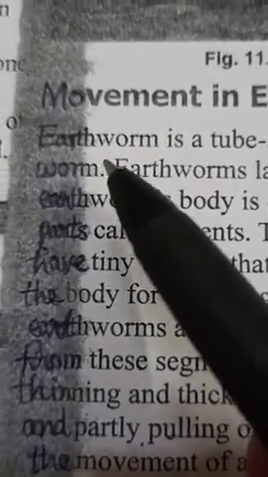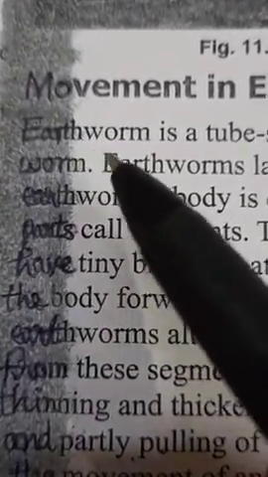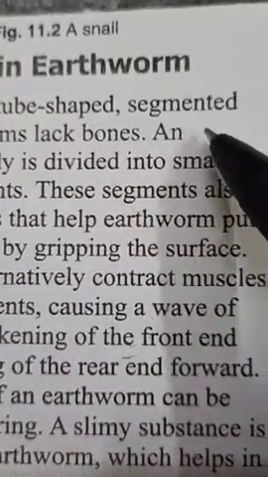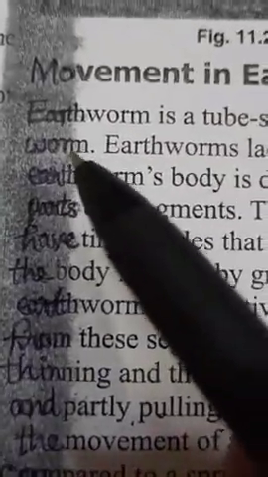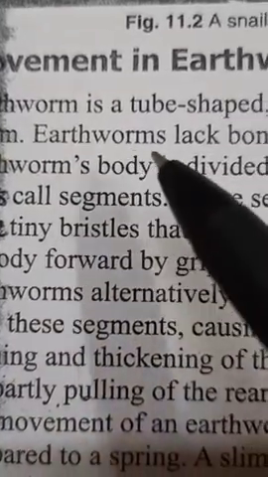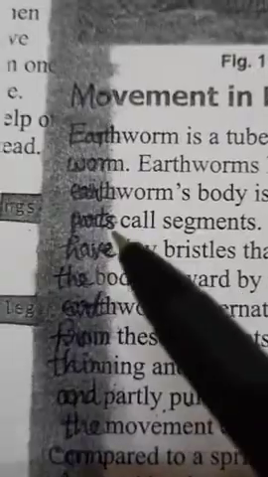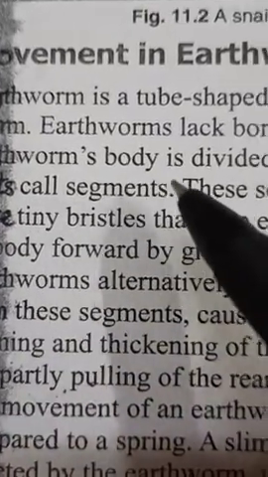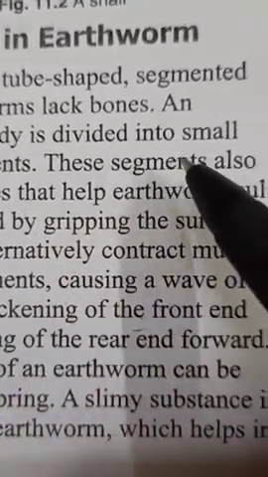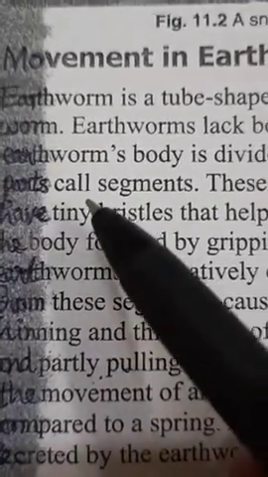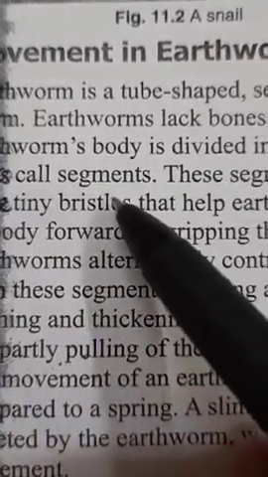Let's read this paragraph. Earthworm is a tube-shaped, segmented worm. Earthworms lack backbones, and earthworm's body is divided into small parts called segments.